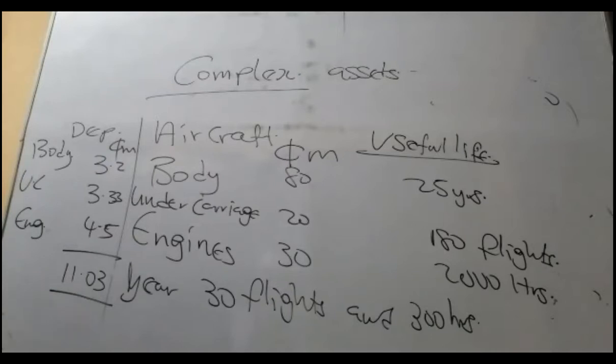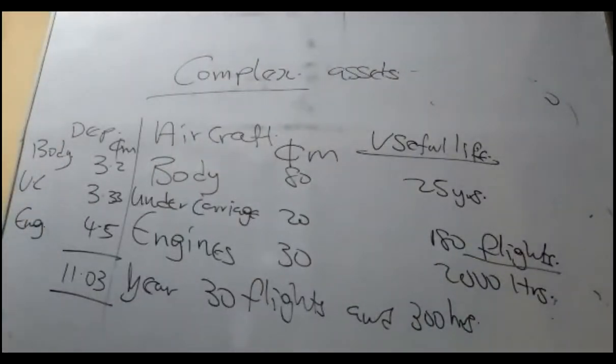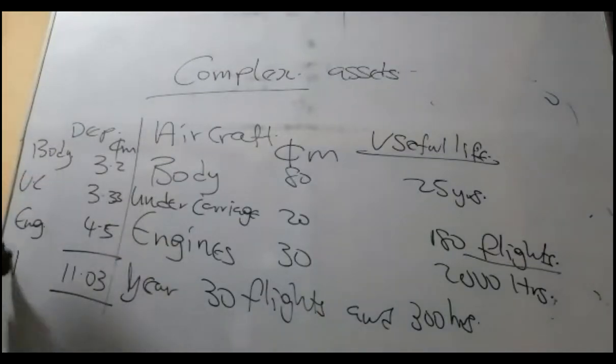Here, the asset life has been stated in a number of flights. So you depreciate separately, then you sum it together to get the total depreciation.